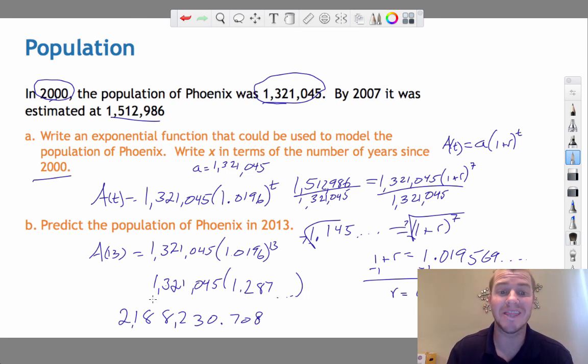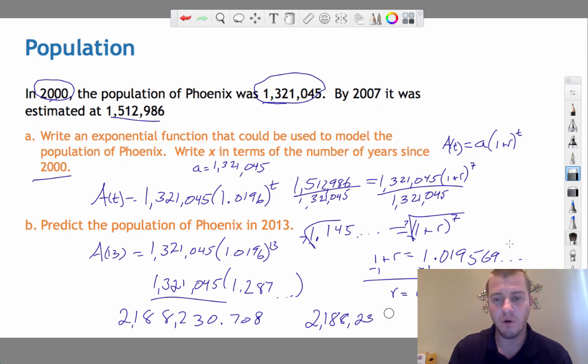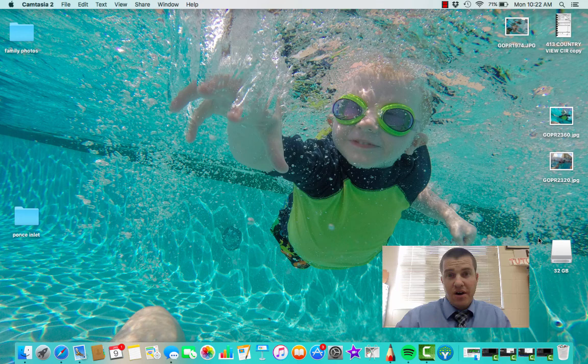Keep that in the calculator, then multiply by the 1.3 million number, and I end up getting this. Now this is a decimal. I'm talking about population, so I want to round to the nearest whole number. I could get arguments either way. It's an estimation, so you could round up, but on the other hand, you haven't actually gotten to that next person yet, so you could also keep it rounded down. At this point, I would say let's leave it rounded down. So I get 2,188,230.